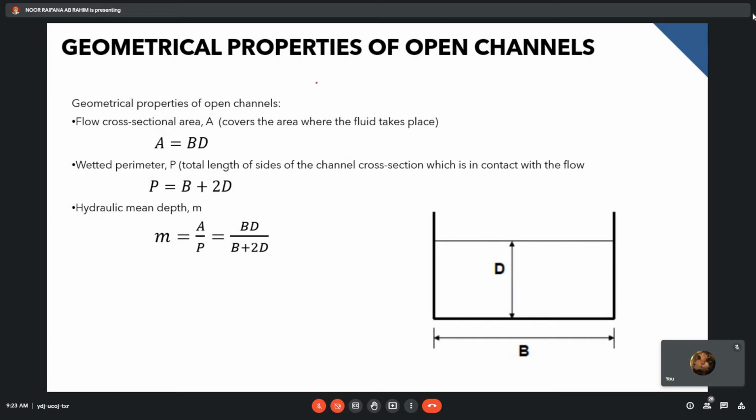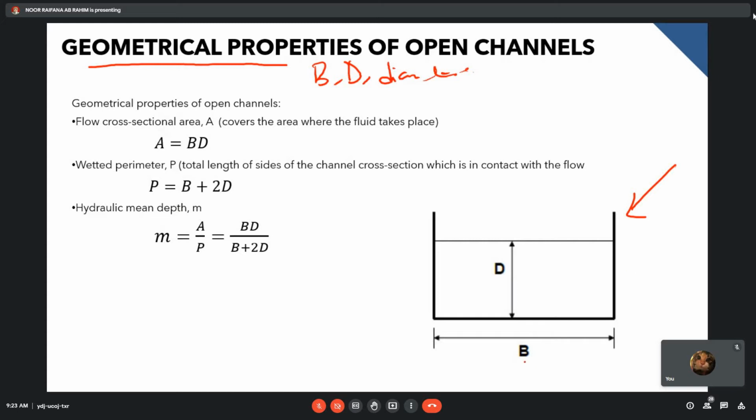Okay, next is geometrical properties of open channel. Geometrical properties ni maksudnya you nak determine dia punya lebar, dia punya depth and also the diameter, kalau dia circular pipe lah. Okay, so refer to this figure for rectangular channel.